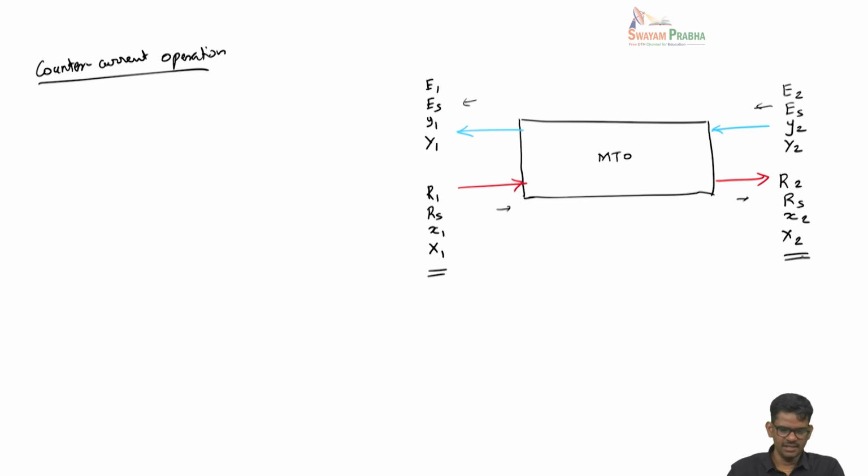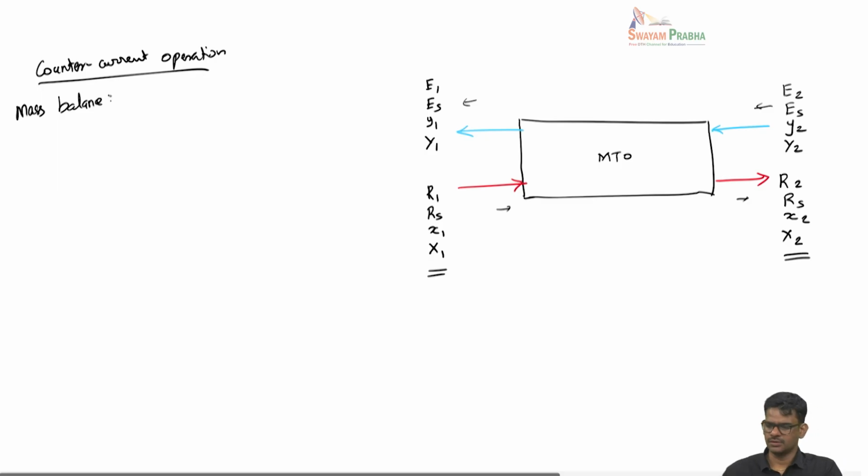So now we will write the mass balance, or material balance. On the left hand side, you can see that what is entering here is R1, x1, and the other material that is entering here is E2, y2. I am doing this over an envelope.